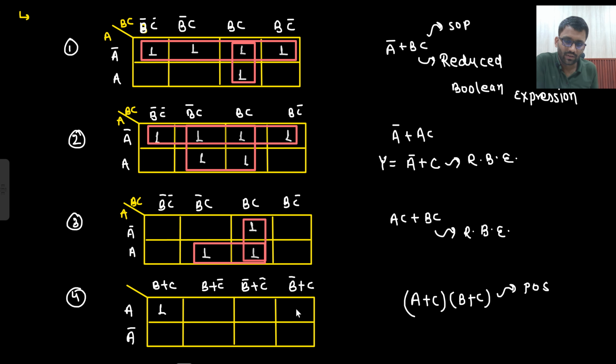These are the common part. B plus C you can see here. So what is the best possible pair? This one, and the other one would be this one, right? So again, this is also reduced Boolean expression, but this is how we can denote it. Yeah, so this is already reduced Boolean expression.